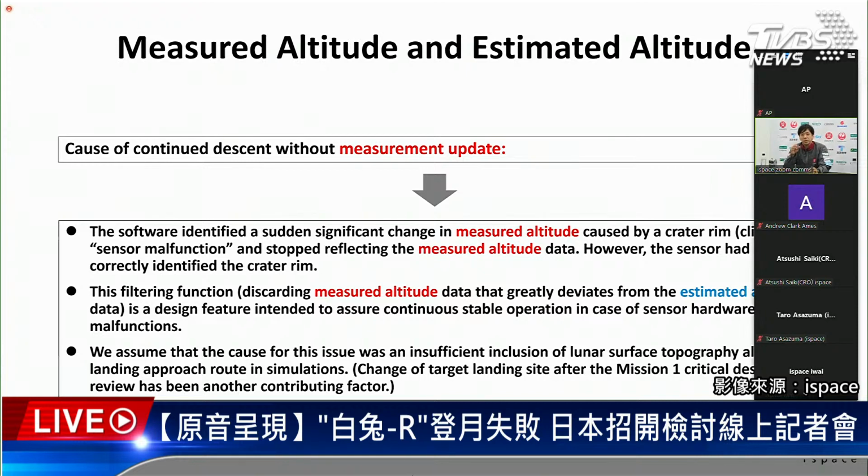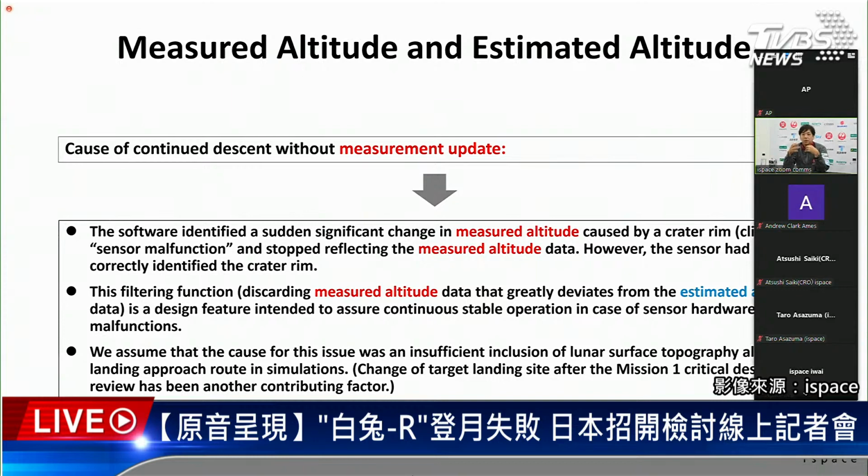The filtering function is the function to discard measured altitude data that greatly deviates from the estimated altitude. It is our intention, our design feature, to make our control system more robust against things like sensor hardware failure.